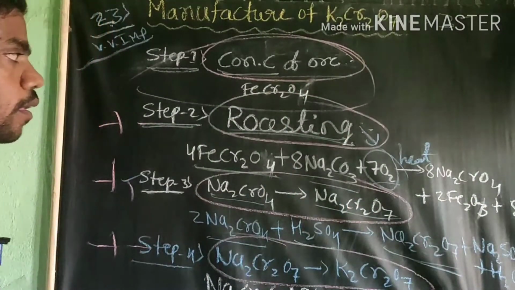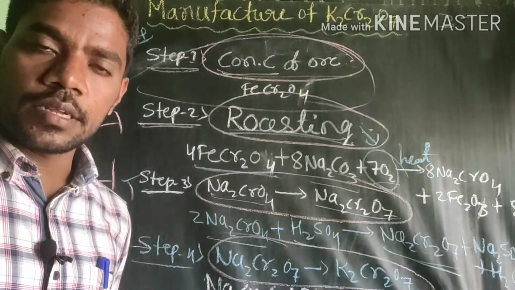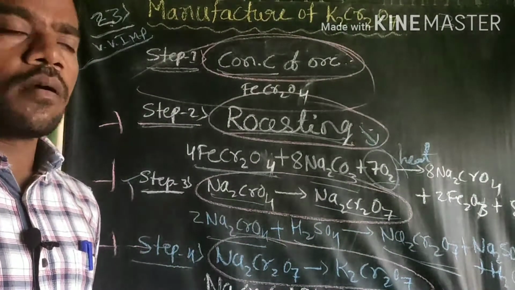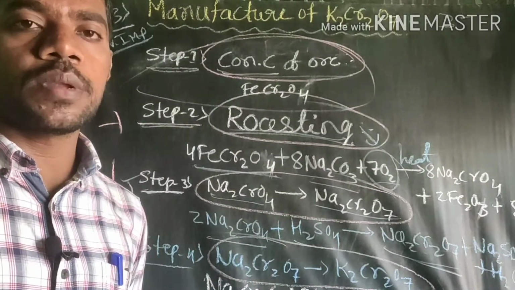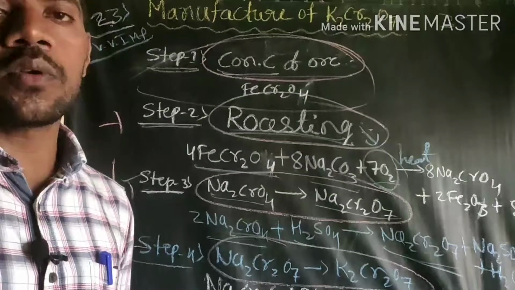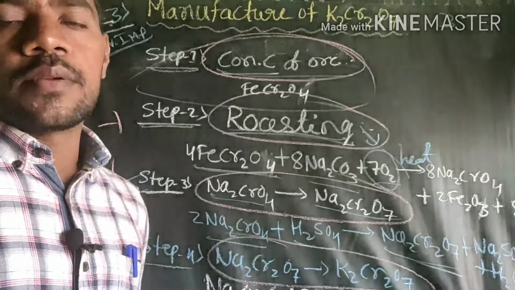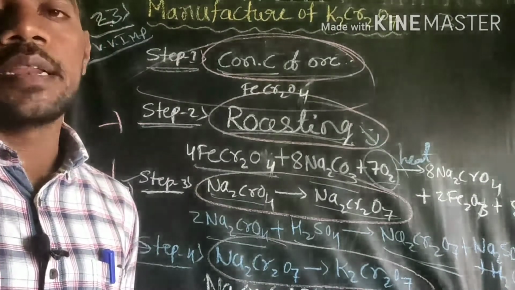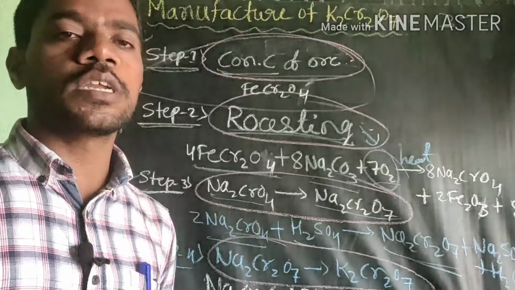Once again I will tell you, the manufacture of potassium dichromate involves the following steps. The first step is concentration of ore. Potassium dichromate is manufactured from the chromate ore. That chromate ore is first concentrated and the unwanted impurities are removed. Then the next step is roasting of ore.